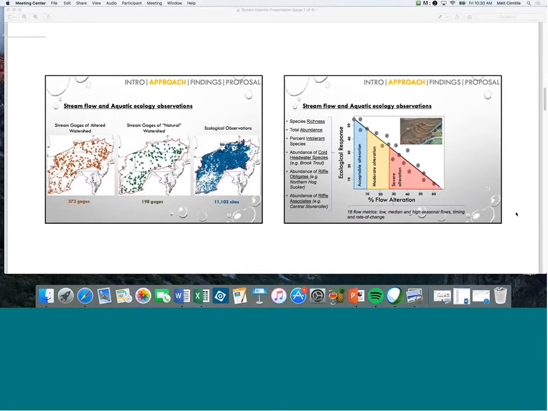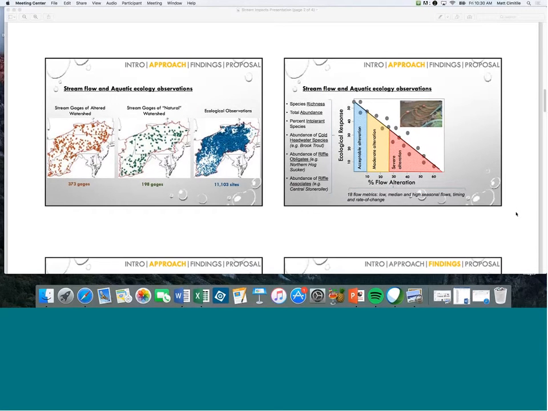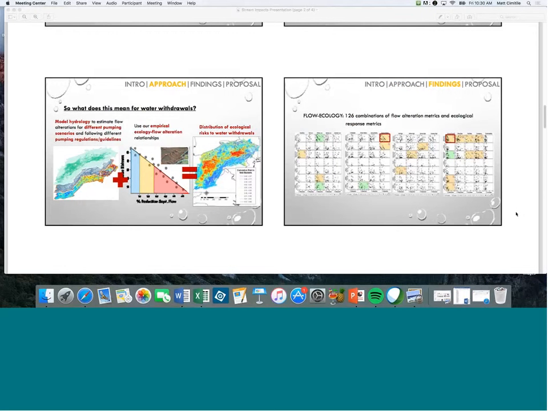So we take all this information on the left-hand side that we can garner from the web, and this middle graph shows relationships we developed by looking at the available data. We can put those things together to come up with maps of sensitivity for any species or ecological metric we wanted to look at.